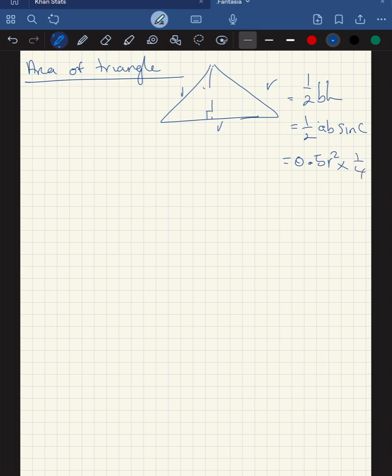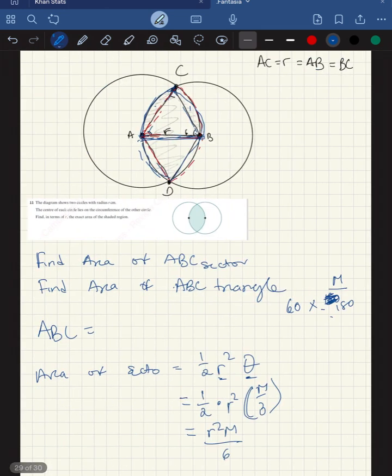That gives us 1/4. I think we're missing something. This is pi over 3, the angle.